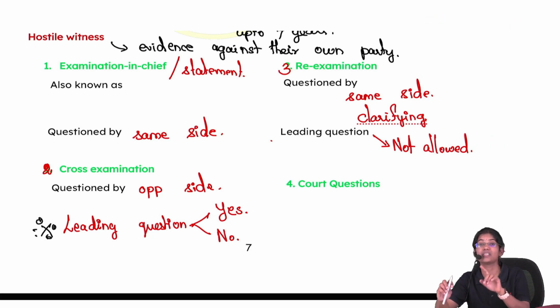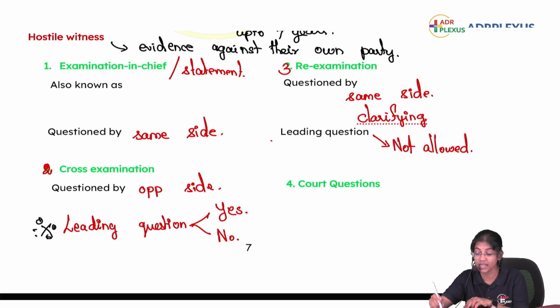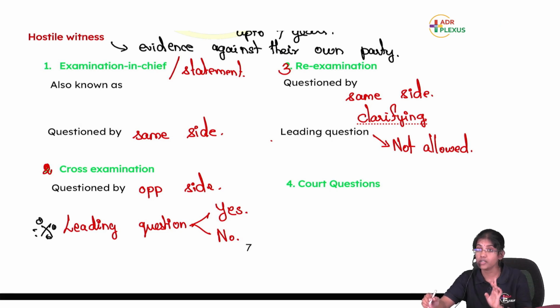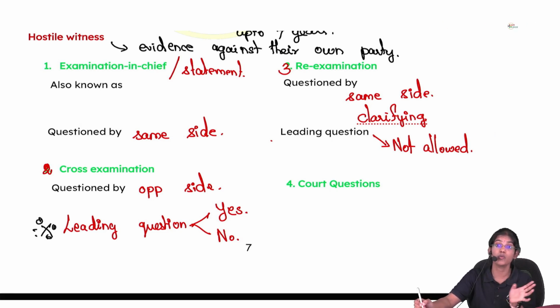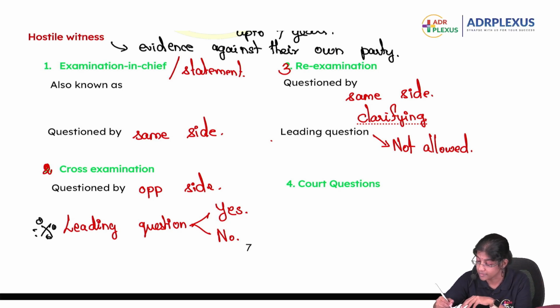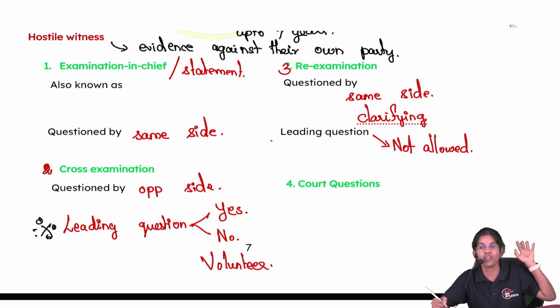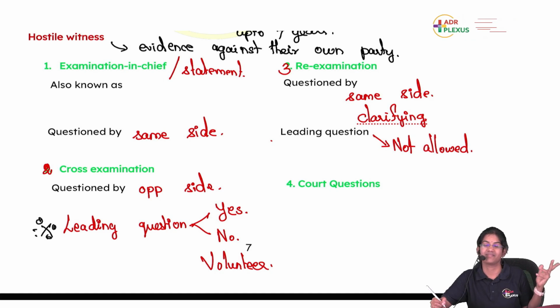So this is re-examination, same side, for clarifying. No leading question is allowed, but you can clarify. Apart from it, remember at any time during the course, you can volunteer. Let's say in the re-examination, they didn't clarify. You can always volunteer and say it.